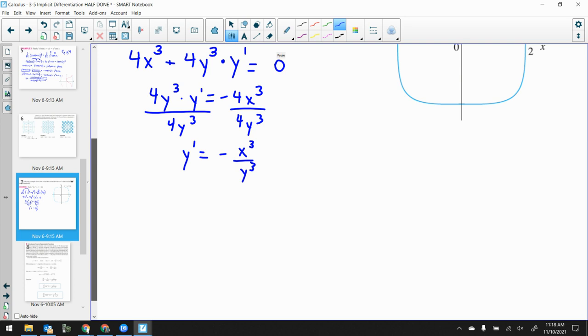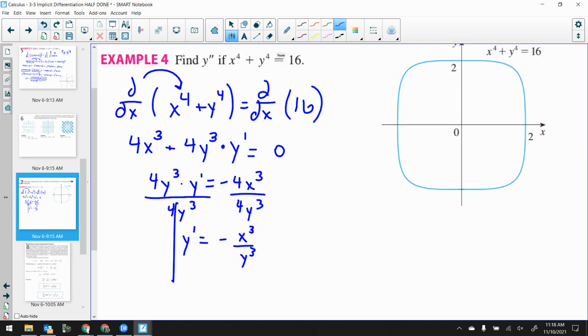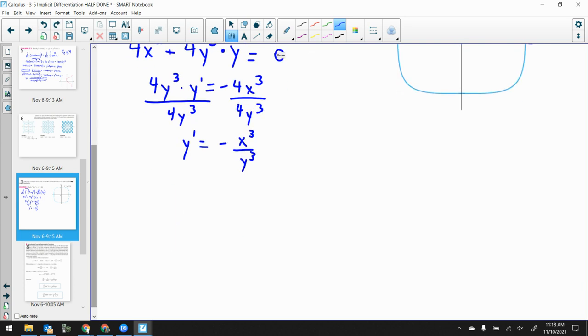I still have an implicit function as my first derivative. So it's going to be kind of trickier. When I go to find the derivative of y prime, that's what gets me y double prime. Now I've got to find d over dx of negative x to the third over y to the third.